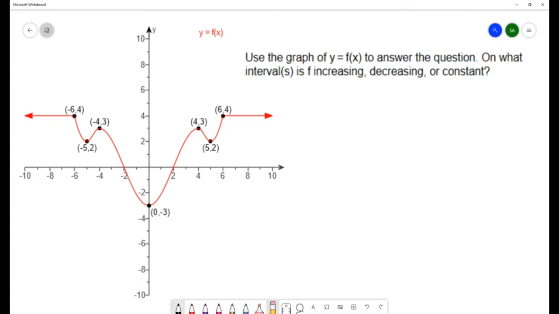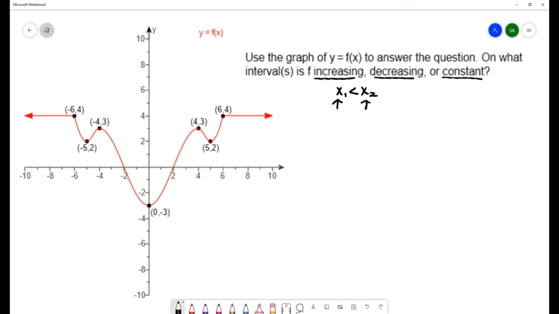The reason why I do that is because in the definitions of increasing, decreasing, and constant, all of those definitions describe x sub 1 being less than x sub 2. So that's telling us to go from the smaller to the larger value.